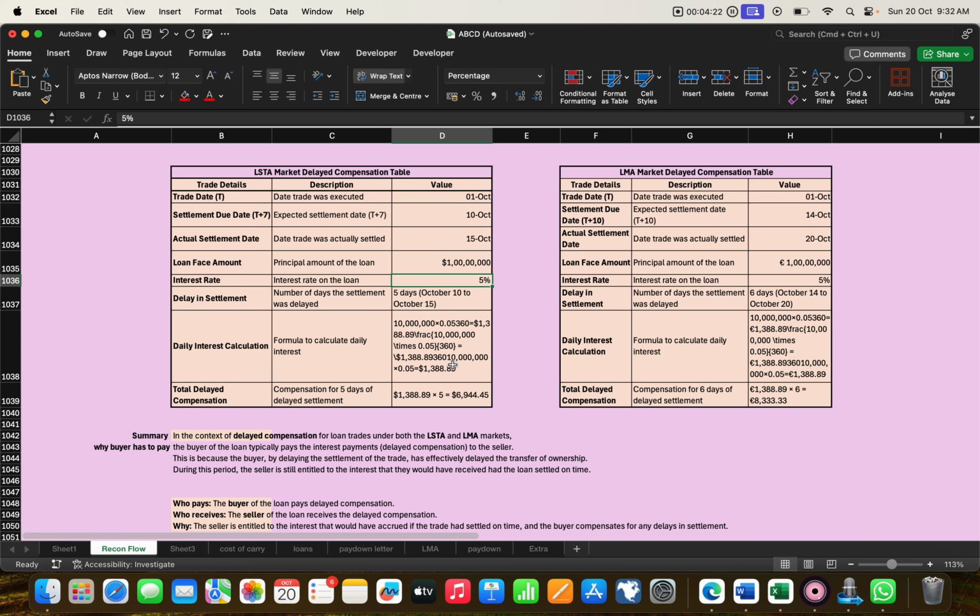Then the fraction should be adjusted according to 360 days. In a year we get 365 days, or 366 as per the leap year, but in loan syndication they always calculate with 360 as the base of days.